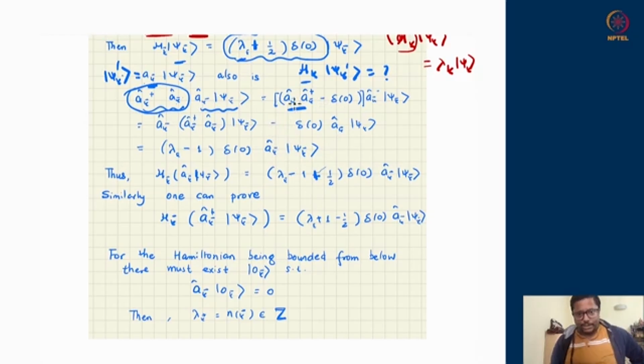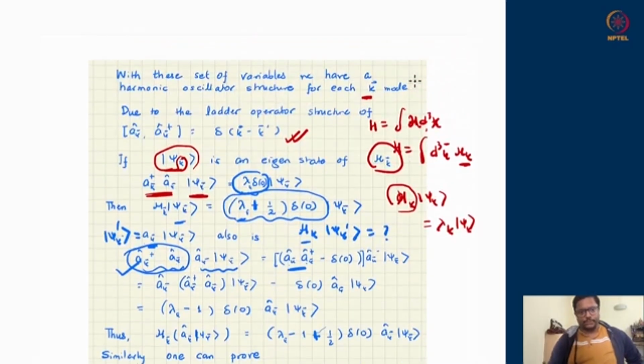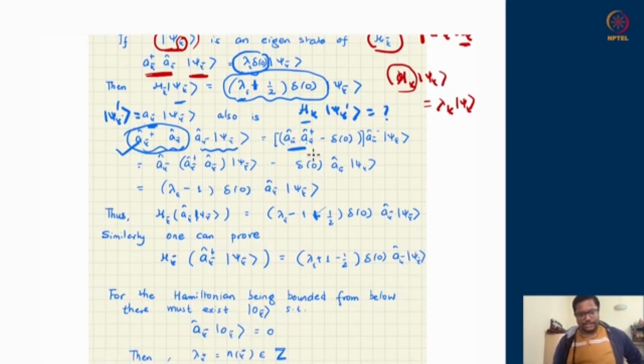Okay, all right. So using the commutator properly, I will get a_k dagger a_k minus delta_0 times a_k, which comes from the commutator we just wrote above. From this commutator, when you put k equal to k primed, you will get this relation over here. So I have flipped the left two operators into this, and the a_k which was appearing over here still survives.